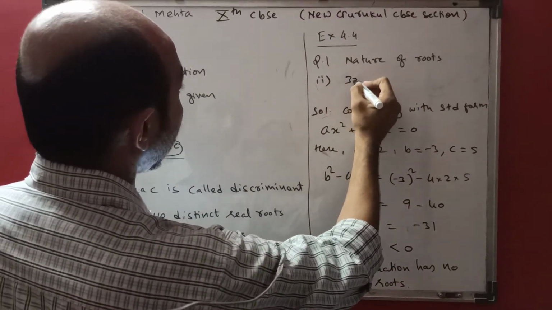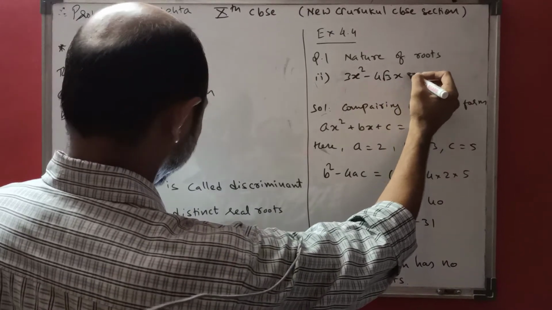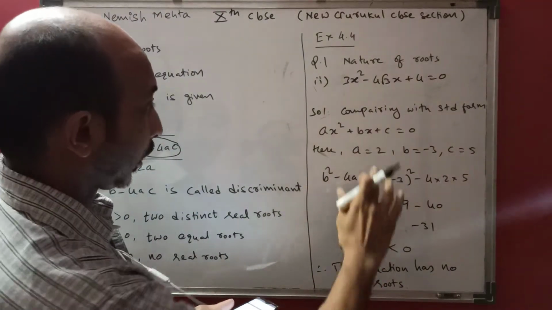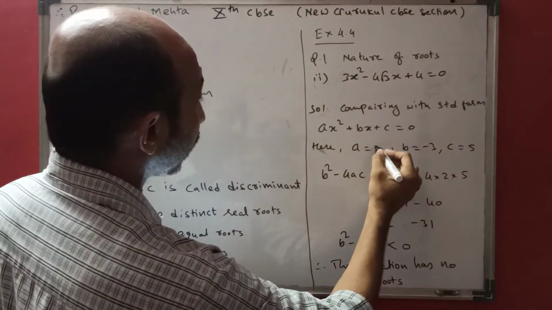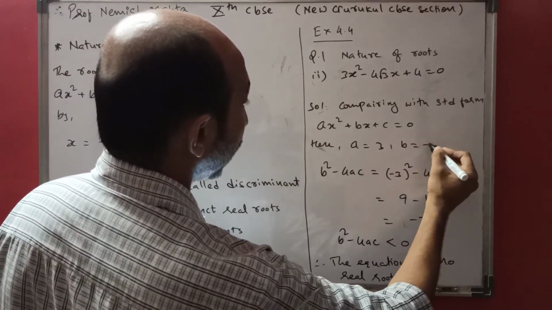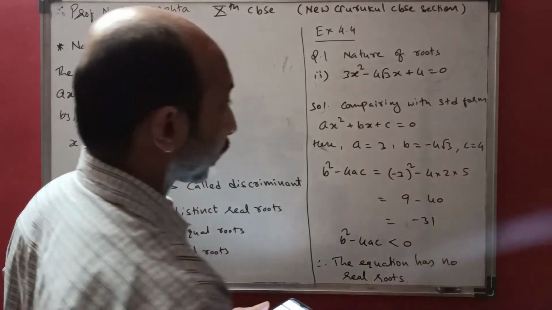This will be 3x square minus 4 root 3x plus 4 equals to 0. Here, a is equal to 3, b equals to minus 4 root 3, c equals to 4. Okay?